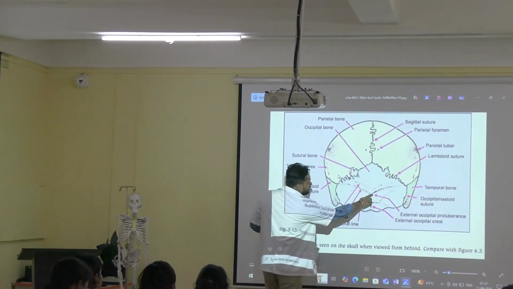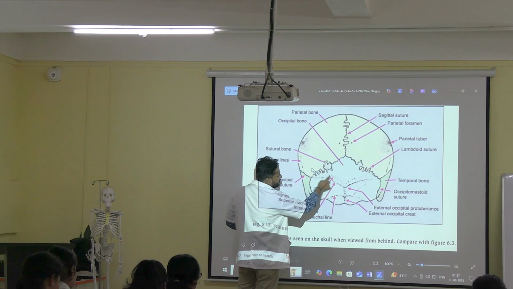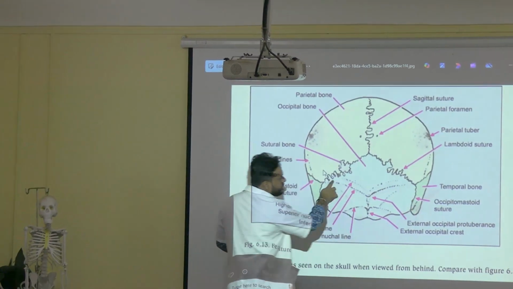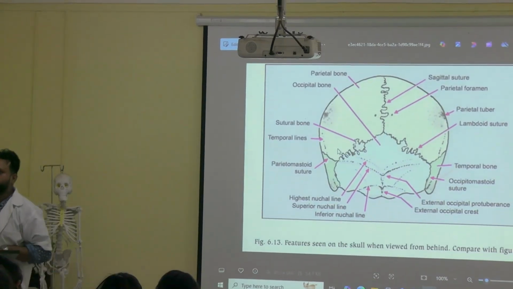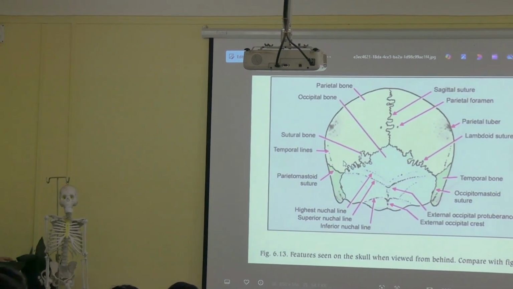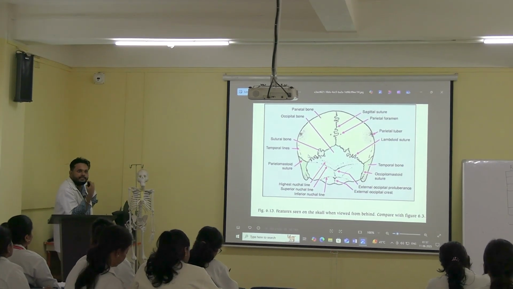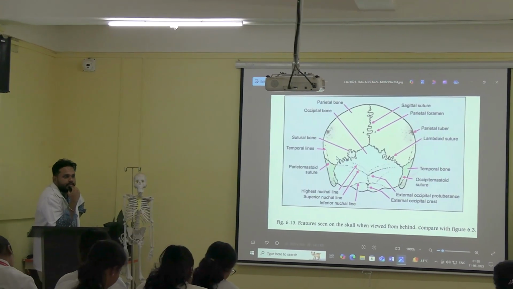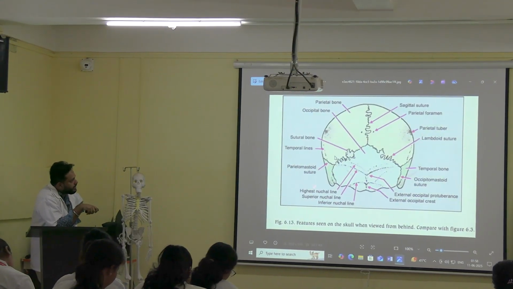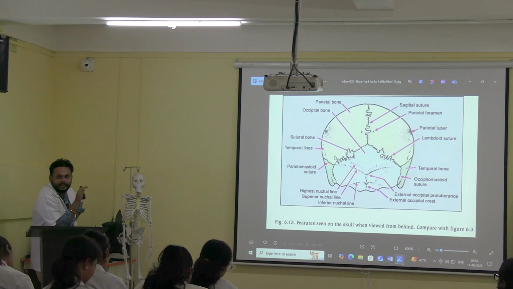See, this is your external occipital protuberance, and it goes in this direction. This is known as the superior nuchal line. And below it, laterally from the external occipital crest, a similar thing is present, known as the inferior nuchal line. There is something known as the highest nuchal line. This is above the superior nuchal line, but may not be palpable in all individuals. It is very light or faint.